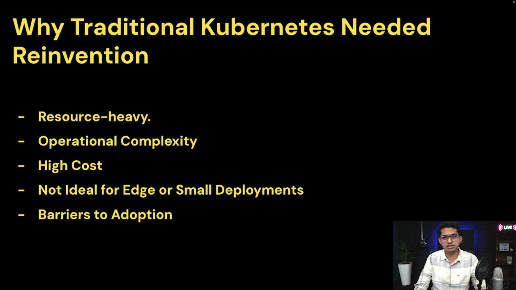Because it's resource heavy, it does come with operational complexity. Somebody who even knows the core concepts of Kubernetes also faces a bit of difficulty when handling a self-managed Kubernetes cluster, bringing in a lot of operational complexity and difficulty in managing the resources and the cluster.